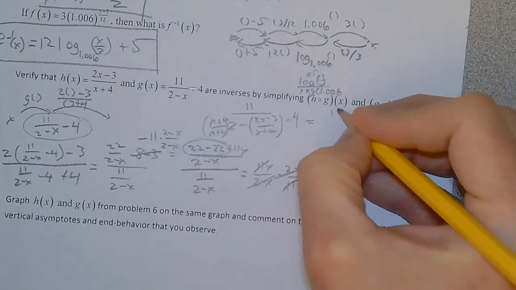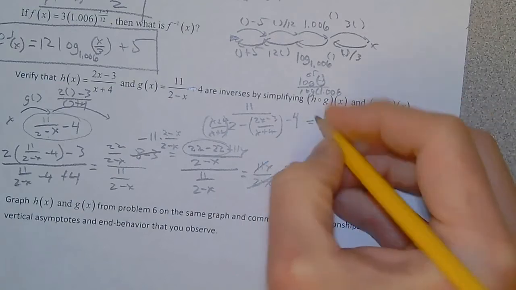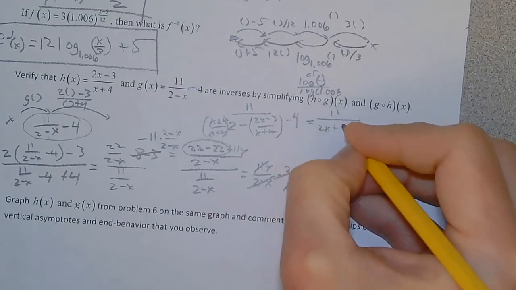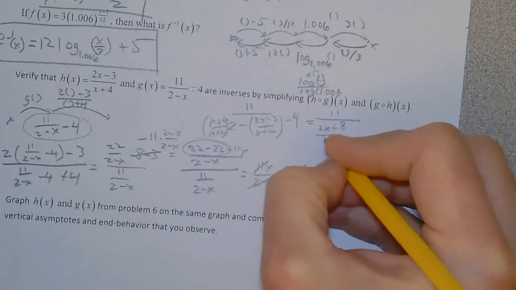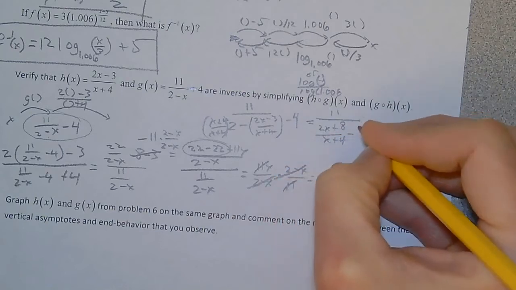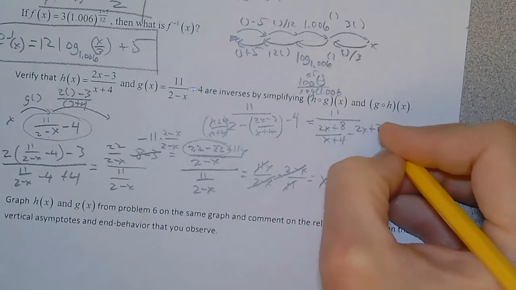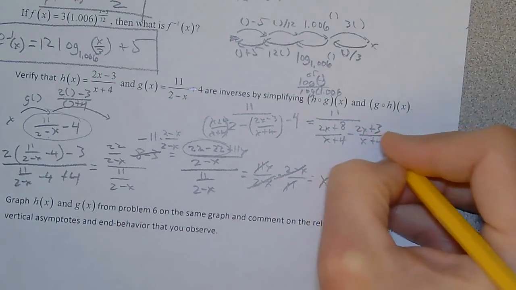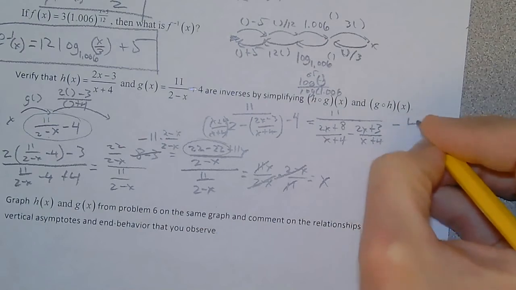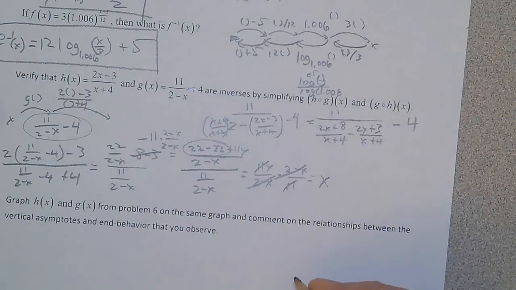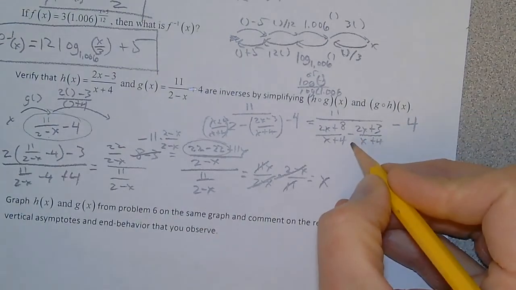And that will give me an 11 over 2x plus 8 over x plus 4 minus 2x plus 3 over x plus 4, all with a minus 4 on the outside.